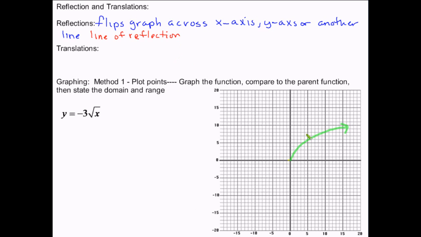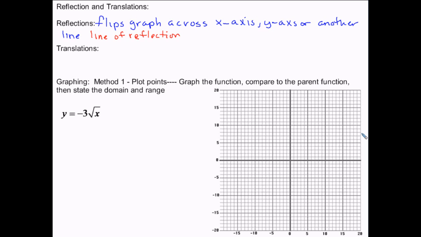And if we reflected across some line that came through like this, we would do that. So you have different reflections. Anyway, for the most part, we'll be dealing with reflections across the x-axis with these particular functions.